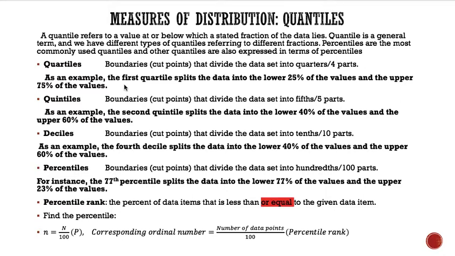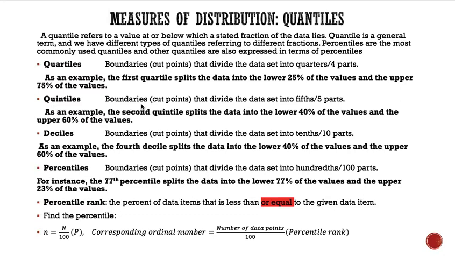That means 1/4 of the data falls below this boundary, and 3/4 or 75% of the data in the data set falls above this boundary.